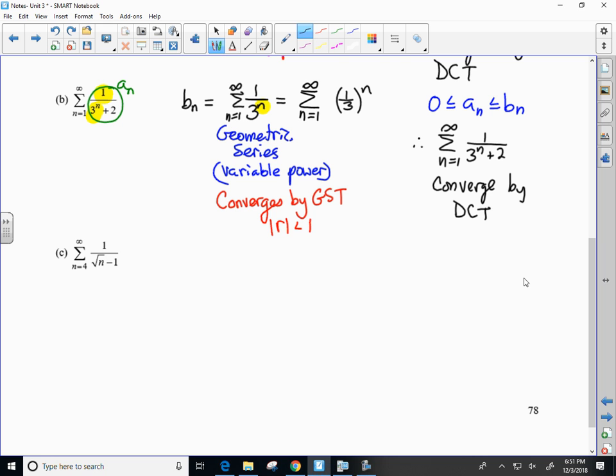All right. So again, in C we have an a sub n. The b sub n comes from the parent function of that, of the n behavior model of that. So 1 over the square root of n, or 1 over n to the 1/2, that's a little bit nicer way of writing it.